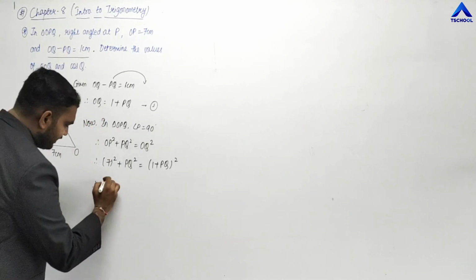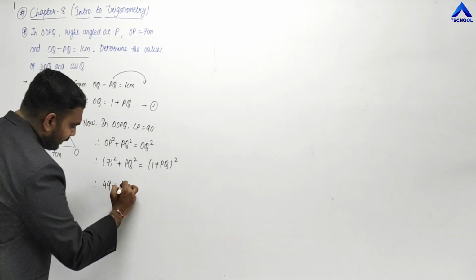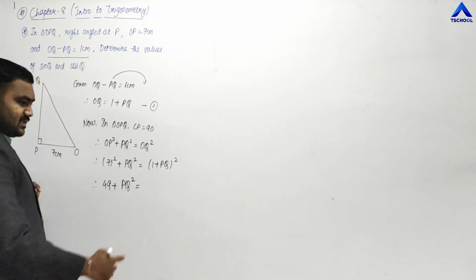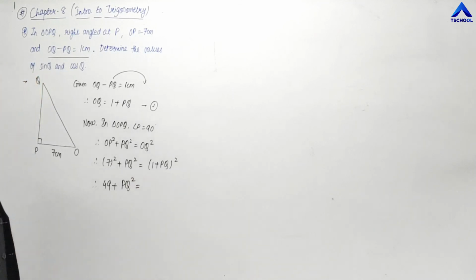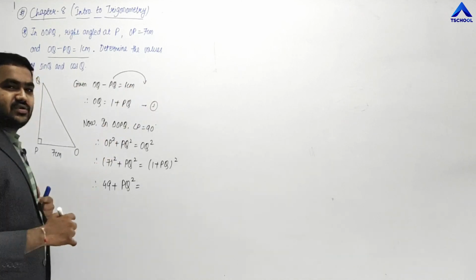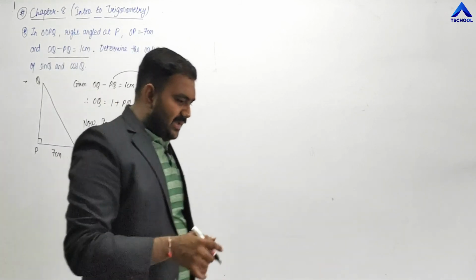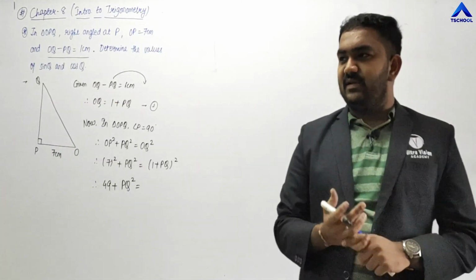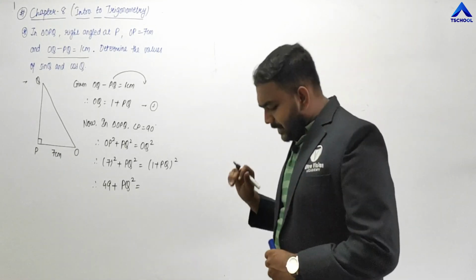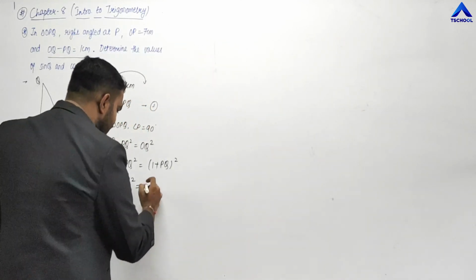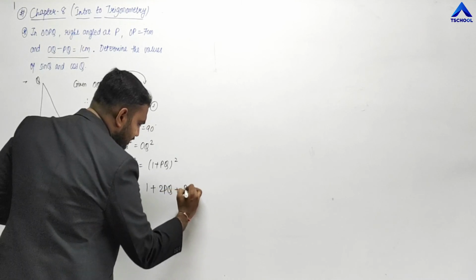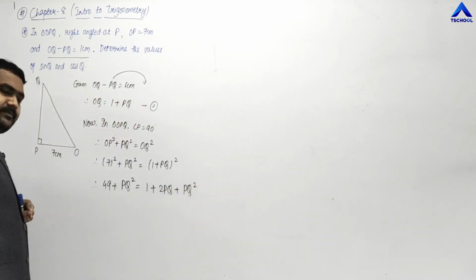So let us simplify. 7 square, that is 49, plus PQ square is equal to 1 plus PQ whole square. The formula for a plus b whole square is a square plus 2ab plus b square. So we will apply that formula here, and that gives me 1 plus 2PQ plus PQ square.